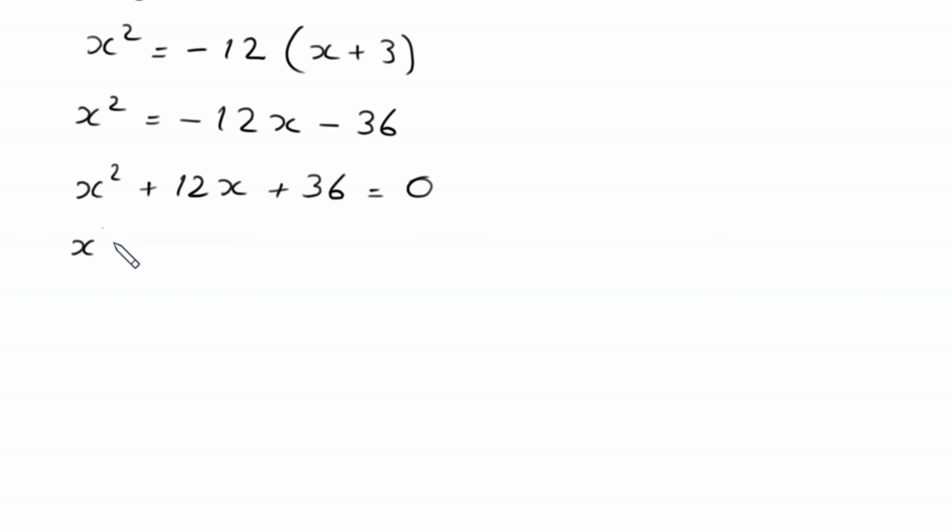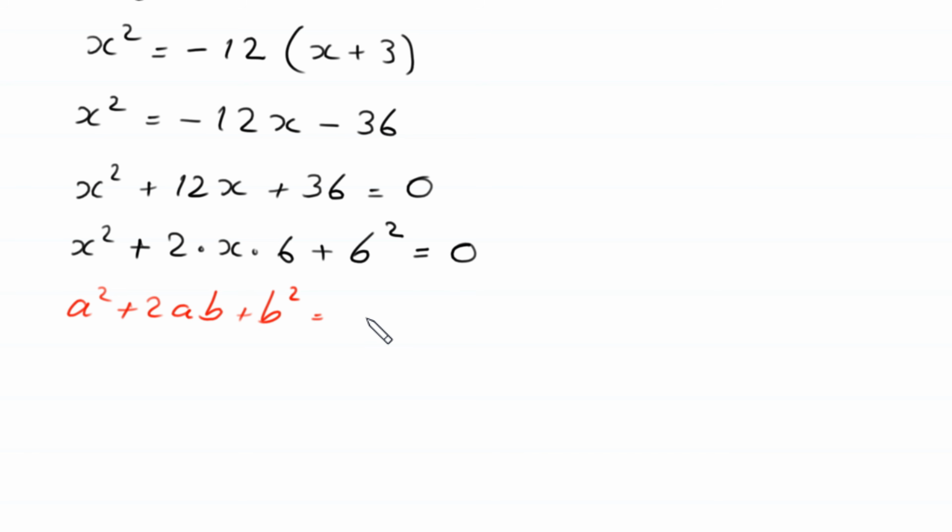Next, x squared plus this 12x can be written as 2 times x times 6, plus this 36 can be written as 6 squared is equal to 0. Now by using this algebraic identity, a squared plus 2ab plus b squared is equal to (a plus b) whole squared, this will become (x plus 6) whole squared is equal to 0.